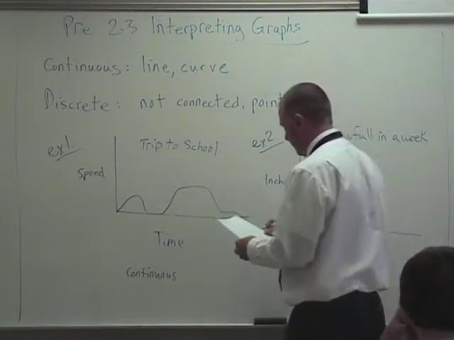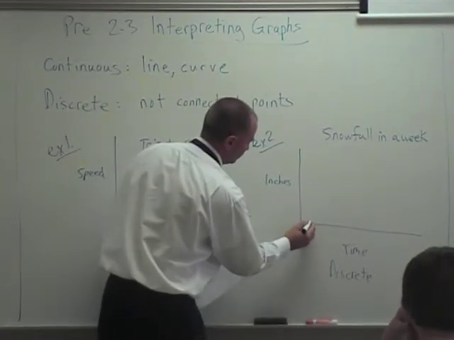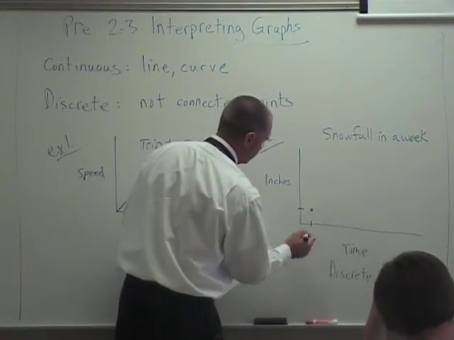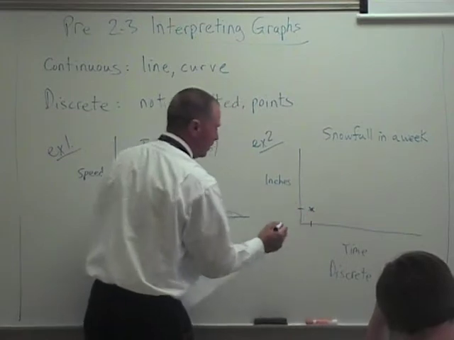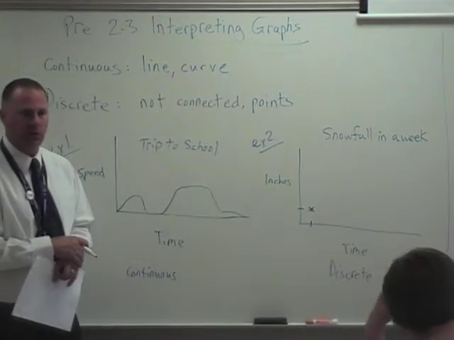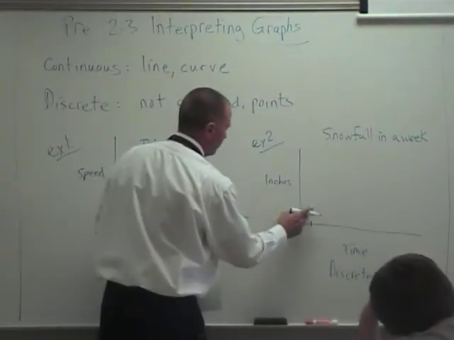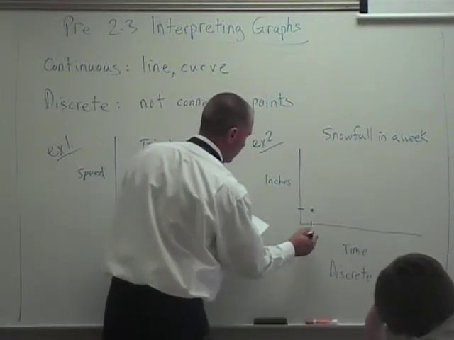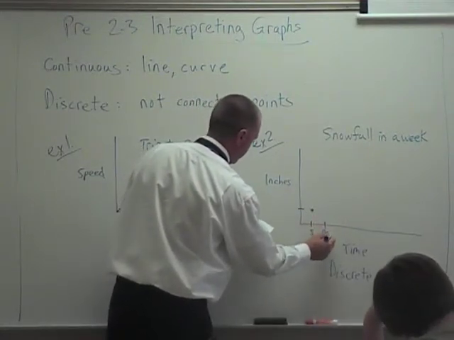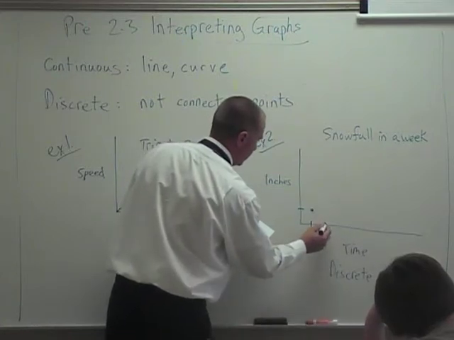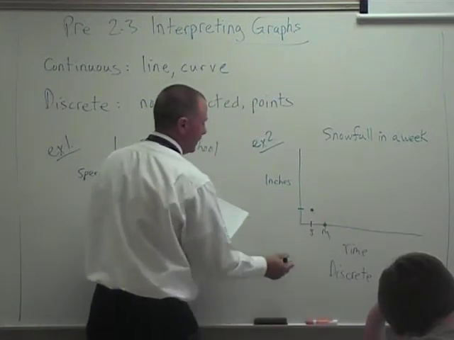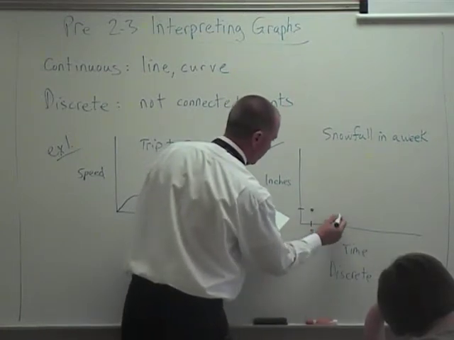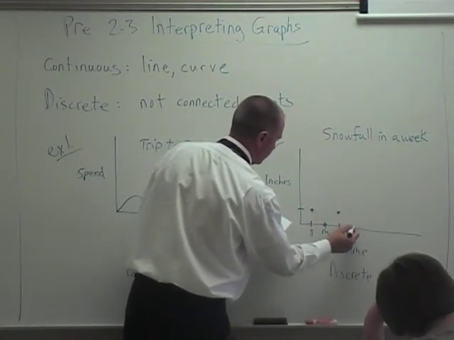All right, so here we go. On Sunday, we had 1 inch of snowfall. You can use an X if you want, or you can just use a point. I'm going to use a point. 1 inch of snowfall. On Monday, it didn't snow at all. On Tuesday, we got another 1 inch of snow.